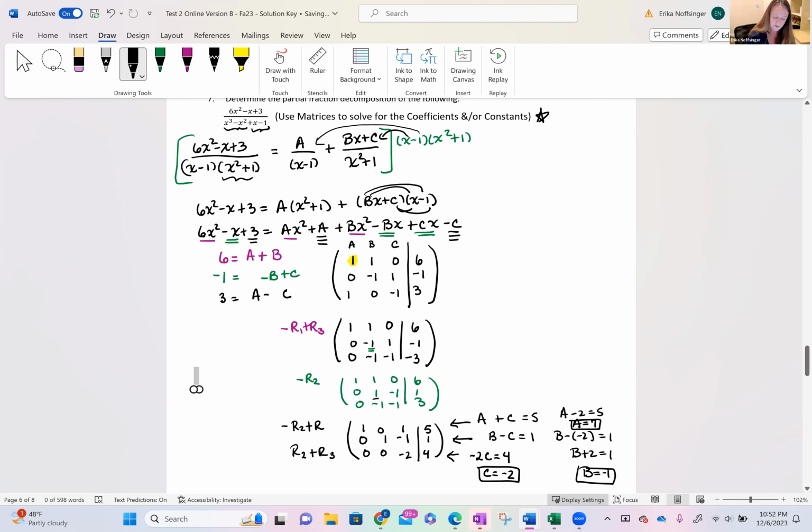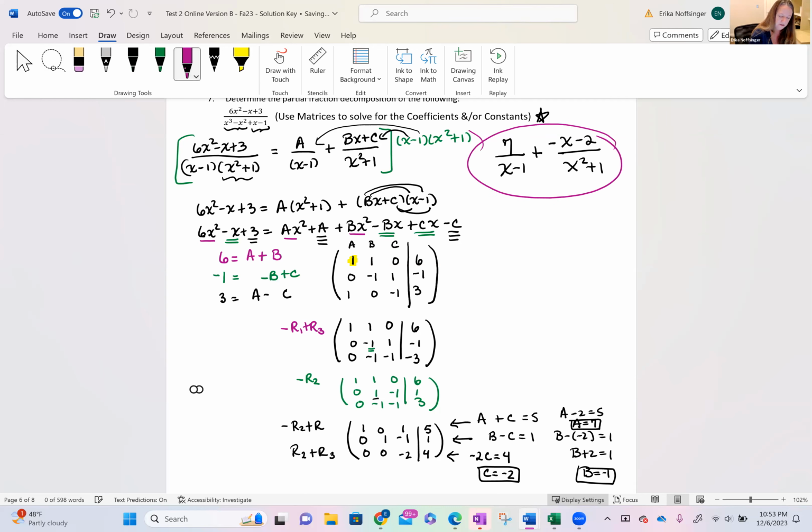And so we have here that a, which was 7, over x minus 1, plus b, which was negative 1, times x plus c, so minus 2, all over x squared plus 1 is equal to our fraction that we started out with.